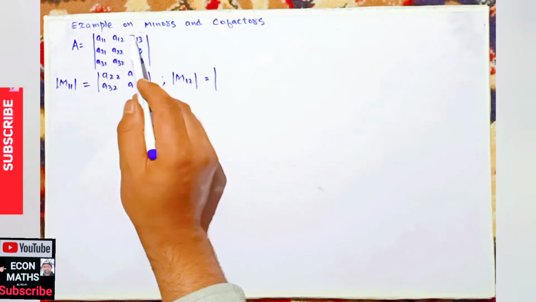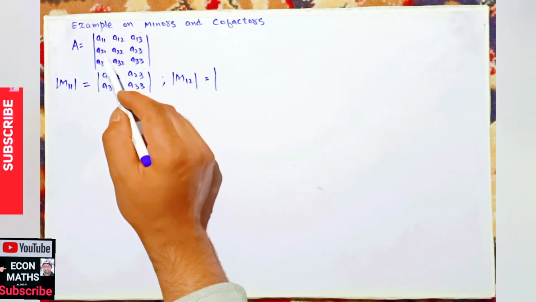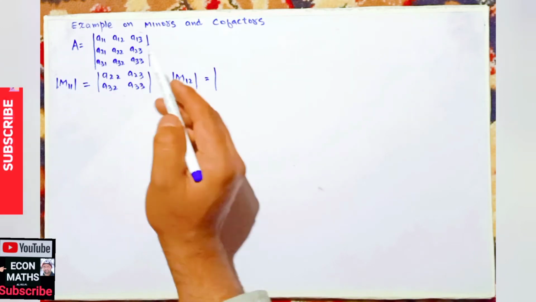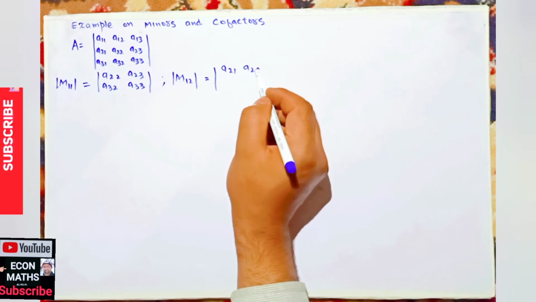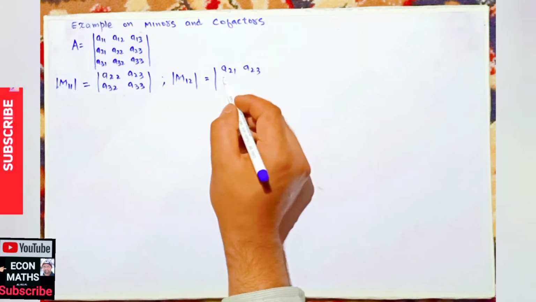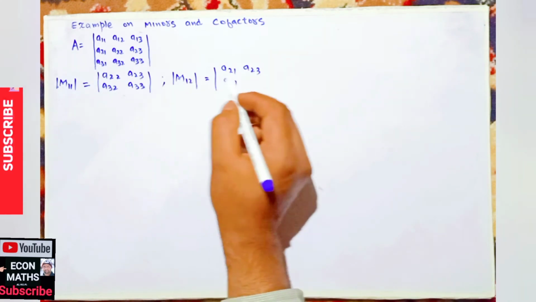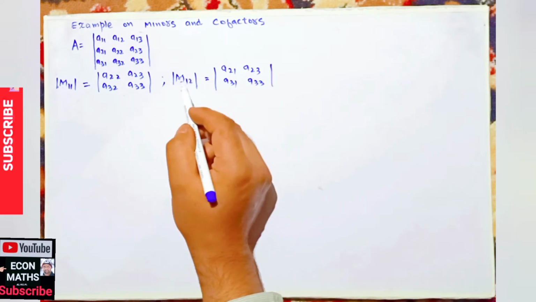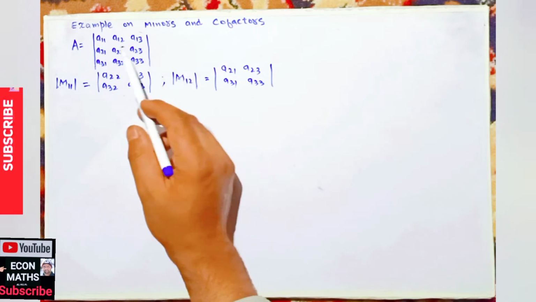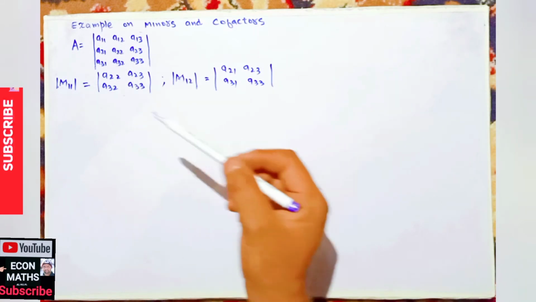Now if we delete this row and this column, we are left with these four elements, that is A21, A23, A31 and A33. This is the M12, a minor in place of this A12.